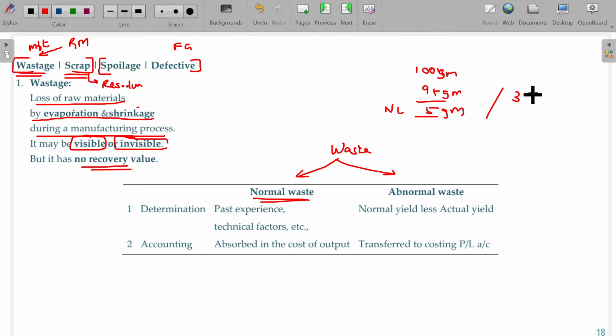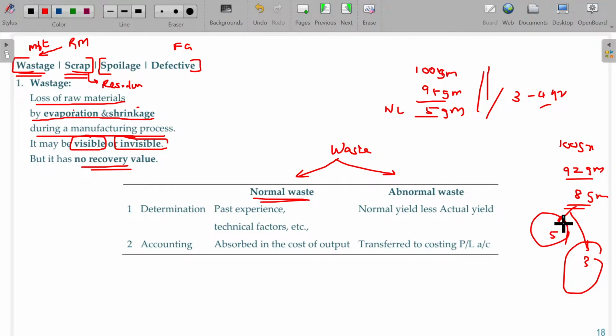For the past 3 to 4 years, I observed and found out that this is what happens. But this year, for the 100 grams, I got only 92 units. 8 units or 8 grams lost. What is my previous years' experience of loss? Only 5 grams. Beyond that, I lost another 3 grams. This is called abnormal. This is called normal.